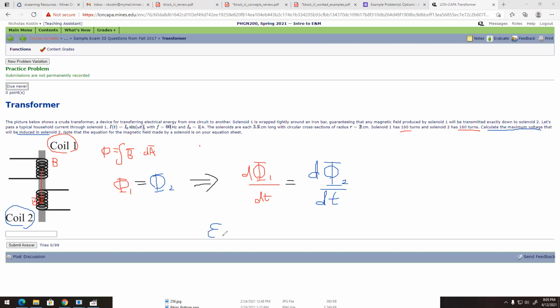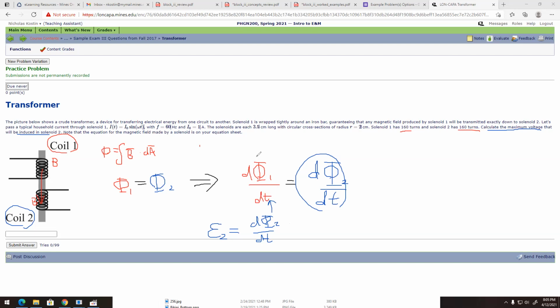So the maximum induced EMF of coil 2, of solenoid 2, is going to be this quantity by Faraday's law, just the derivative of the magnetic flux. But I know that quantity is equal to whatever the derivative of the flux is in coil 1. So that has to be equal to that.